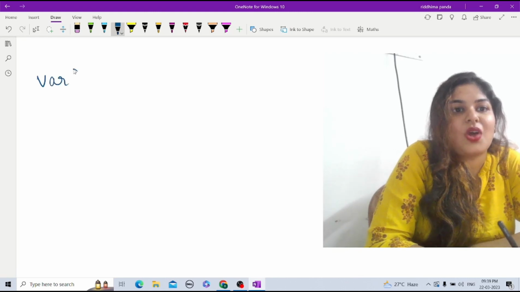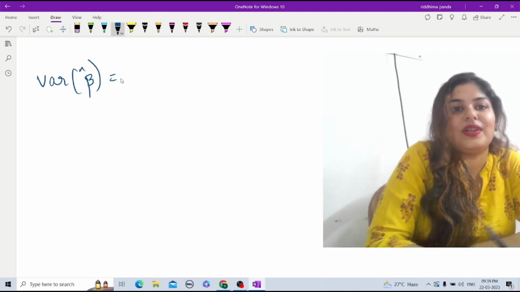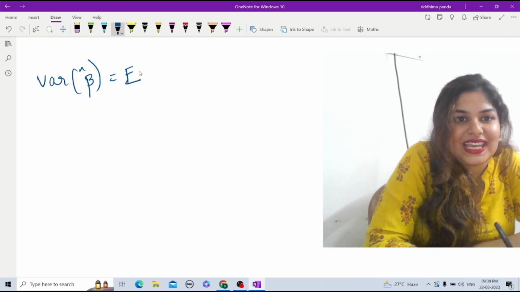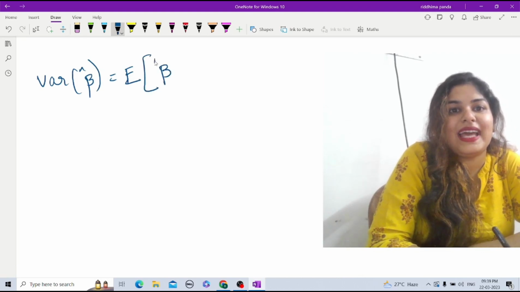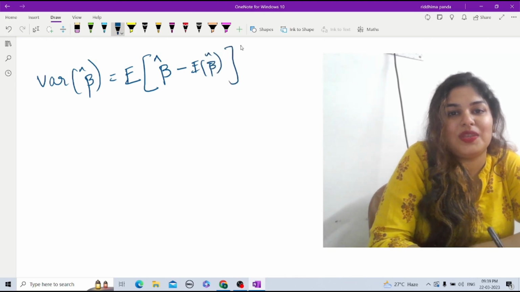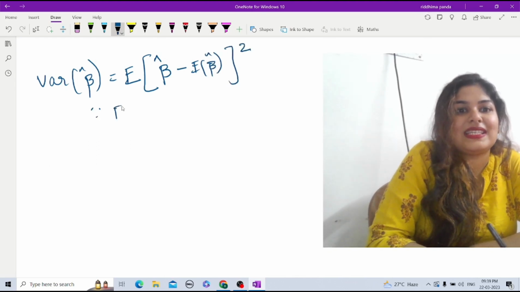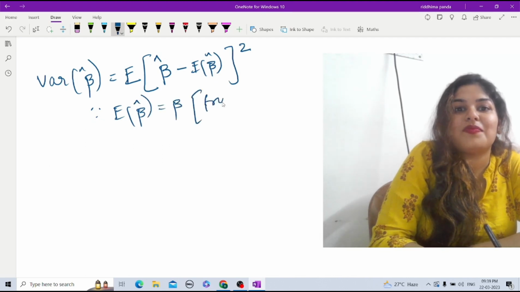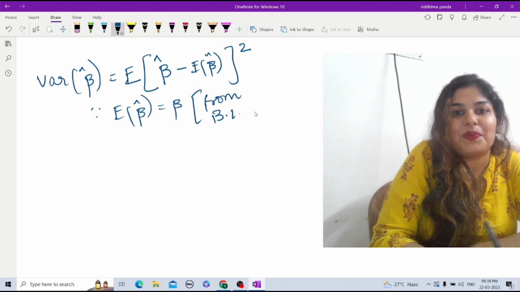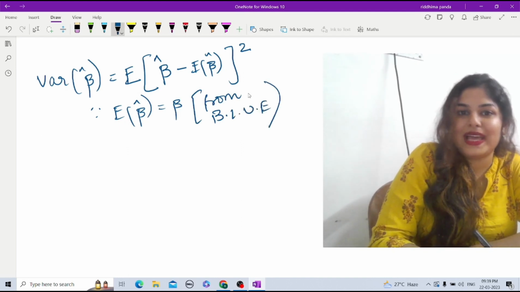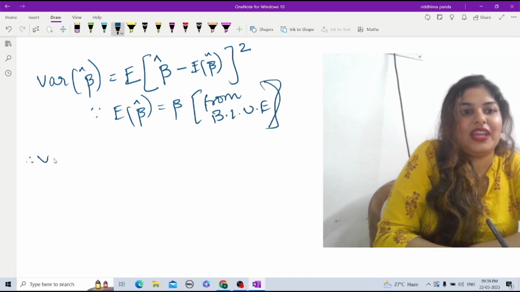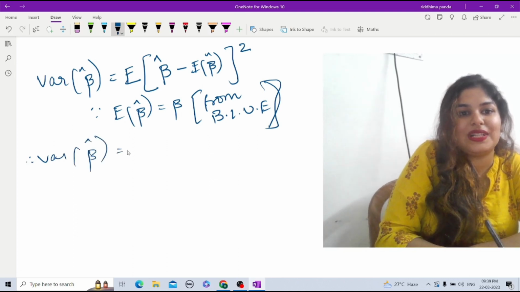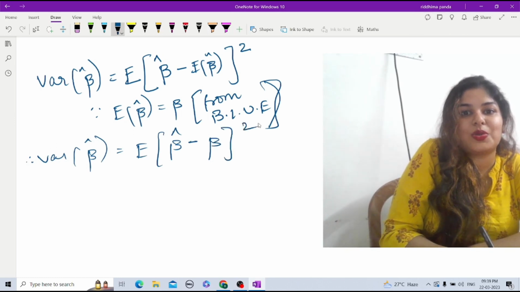So variance of beta hat is equal to expectation of beta hat minus expectation of beta hat, whole square. Now since expectation of beta hat is equal to beta, from the property of BLUE, that is unbiasedness, therefore variance of beta hat is equal to expectation of beta hat minus beta whole square.